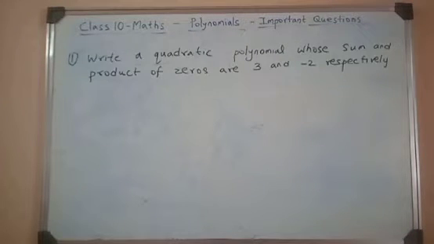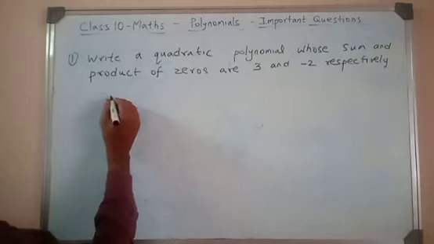In this question, we have to write a quadratic polynomial whose sum and product of zeros are 3 and minus 2 respectively. We know the general form of a quadratic polynomial if the sum and product of the zeros of the polynomial are known.